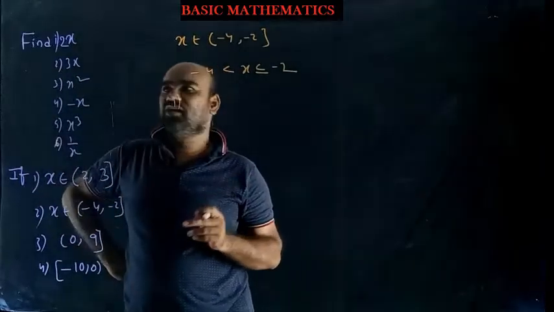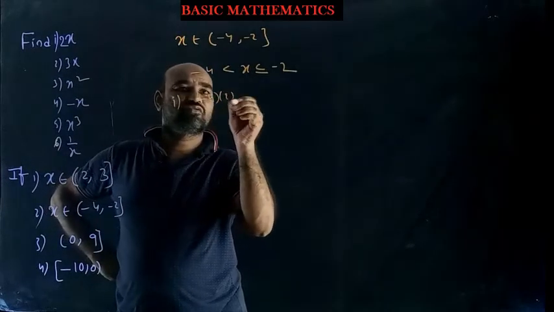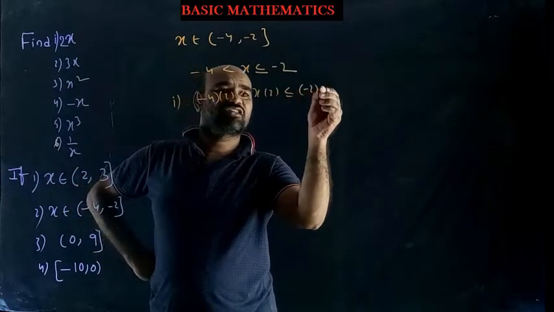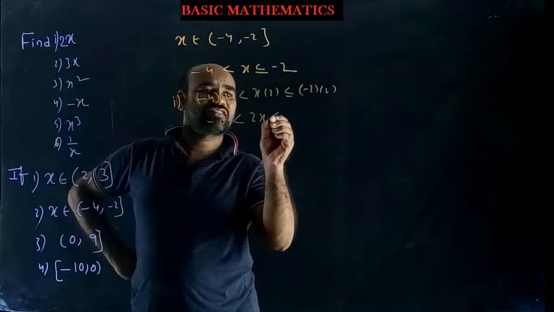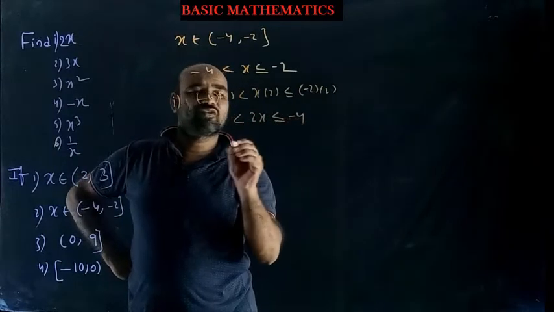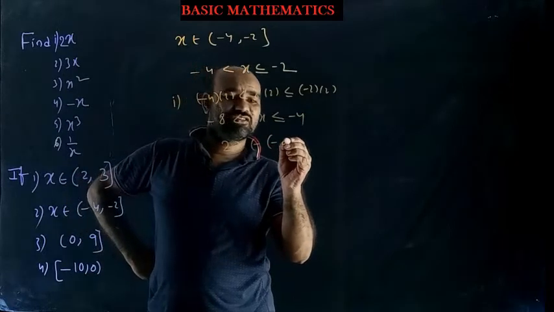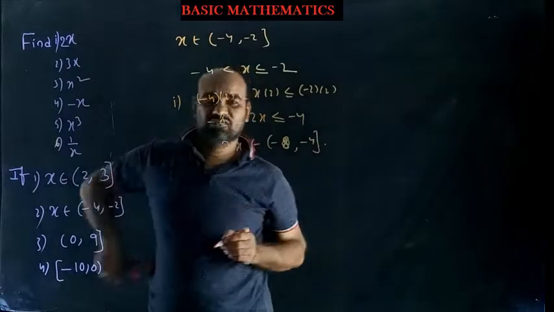Nothing happens to the inequality because 2 is a positive quantity. Minus 4 into 2 less than x into 2 less than or equal to minus 2 into 2, or minus 8 less than 2x less than or equal to minus 4, or I can write 2x belongs to open minus 8 to closed minus 4.